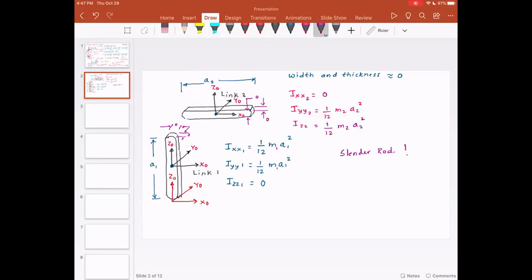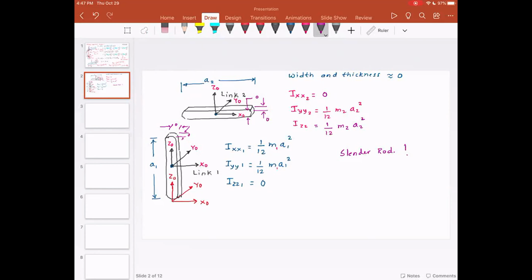I did not understand your question. What I'm trying to say here is, for finding the mass moment of inertias, find the centroid of each link.